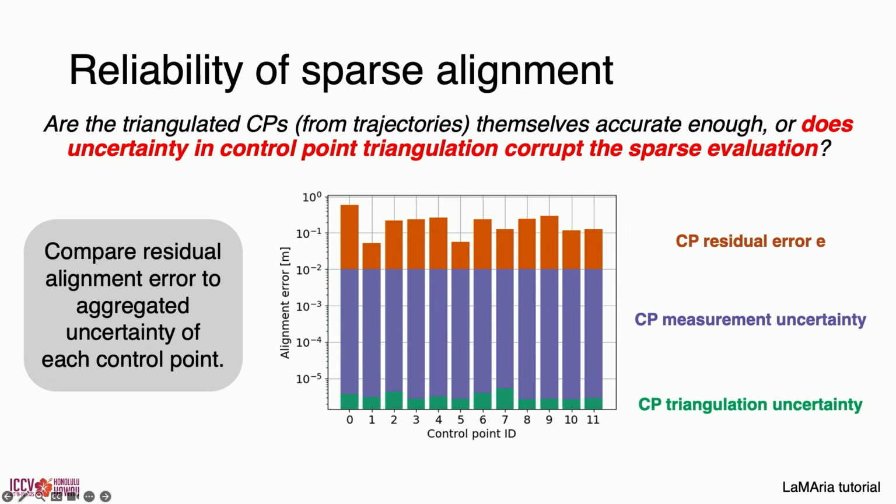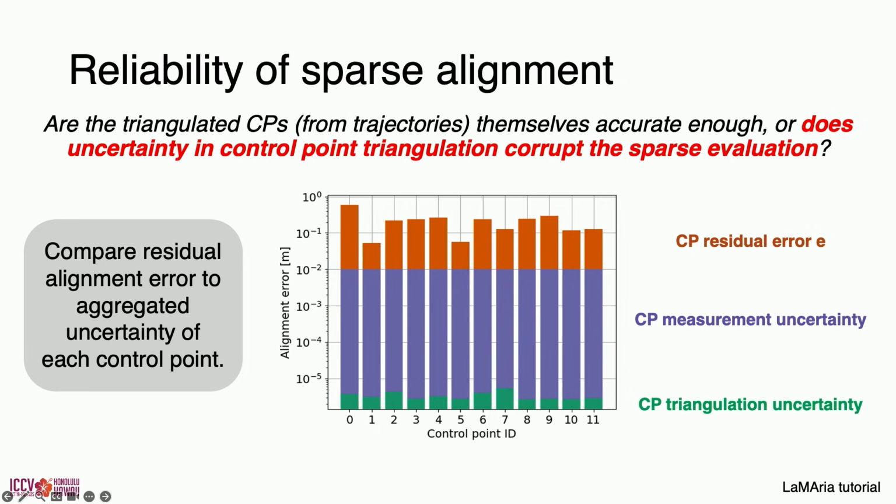This can then be converted into metric value by using the scale and the rotation from the optimized Sim3 transformation. So the aggregated covariance is just the addition of this measurement covariance and the metric triangulation covariance.